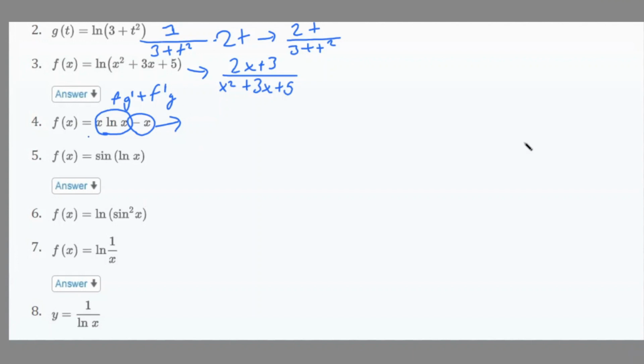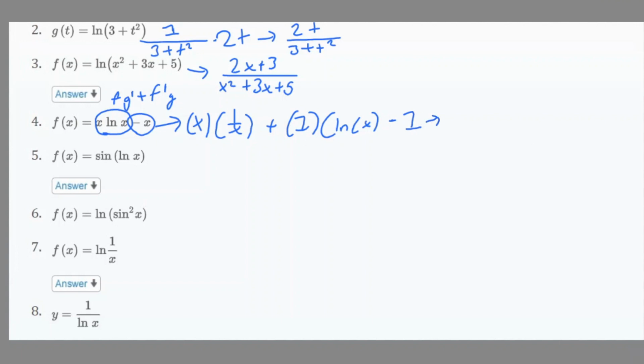So f is going to be x in this case, and g is going to be ln of x. So f is x times g prime, which is 1 over x, plus f prime, which is 1, times g, which is ln x. And then at the end, we're going to have minus 1, which is the derivative of x.